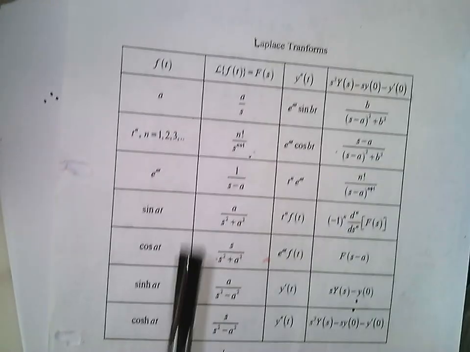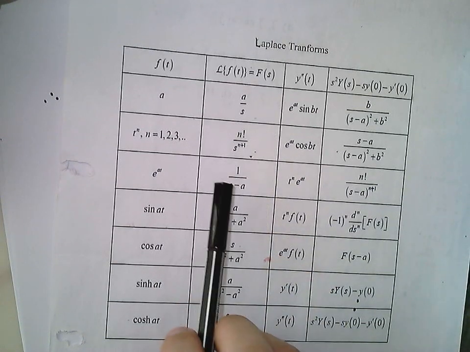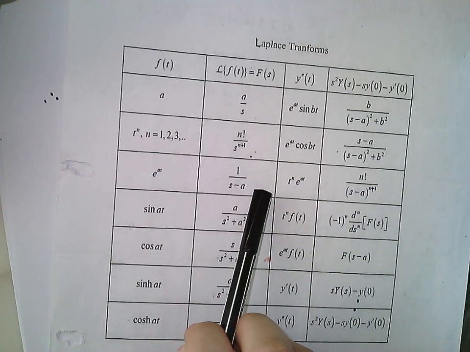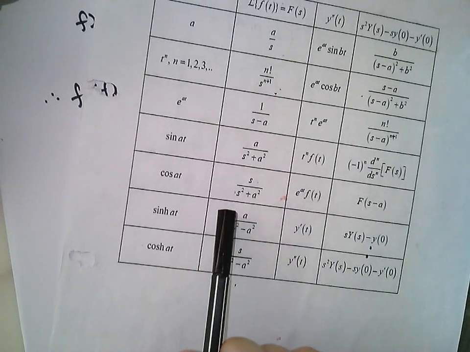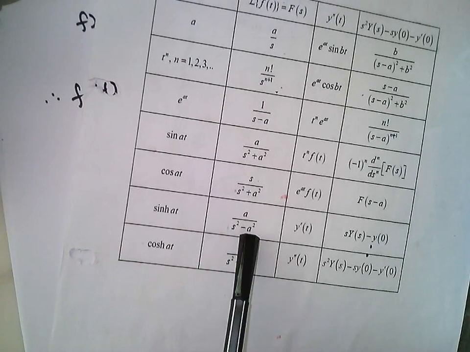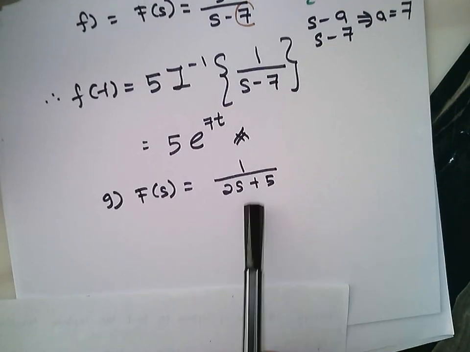As you can see here, this is s, this is s to the power of something, this is s minus a, not 2s, not 3s, isn't it? This is s squared plus a squared, this is s squared minus a squared.